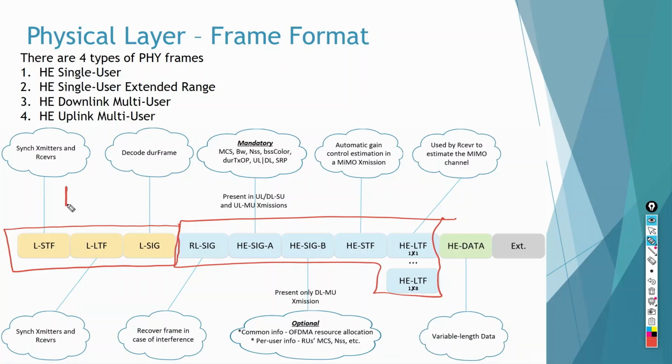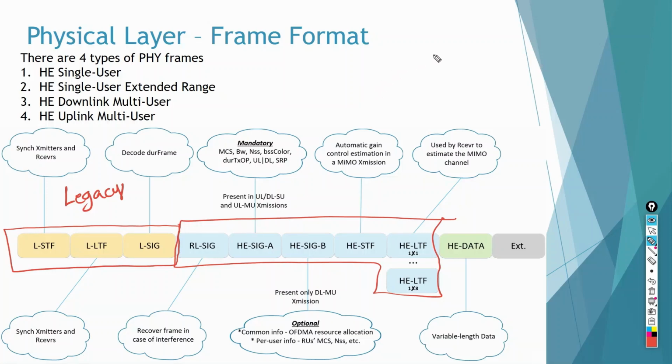The legacy part is used for backward compatibility as well as for protection for 11AX transmissions and to avoid having them collide with, let's say, earlier 11AC or 11AN devices.